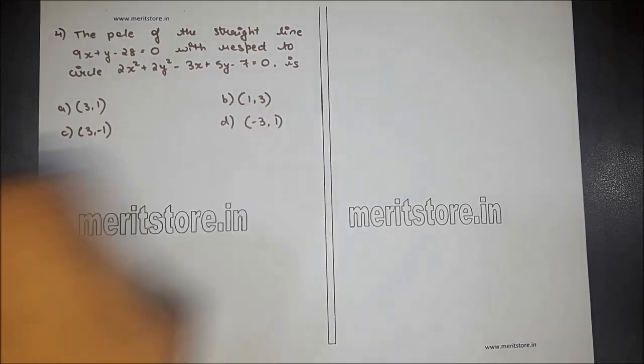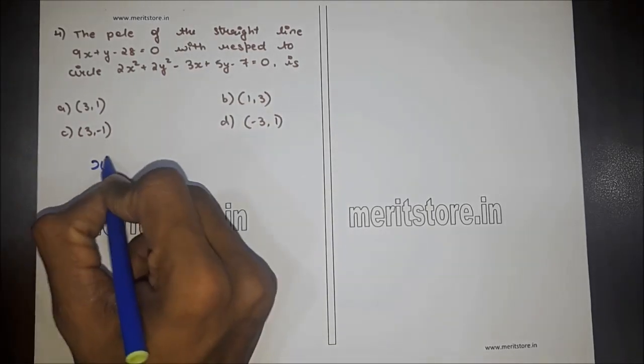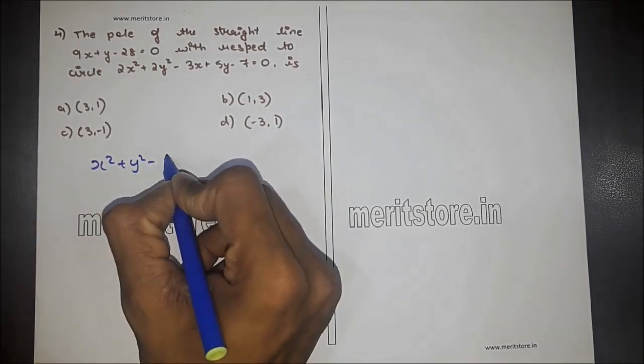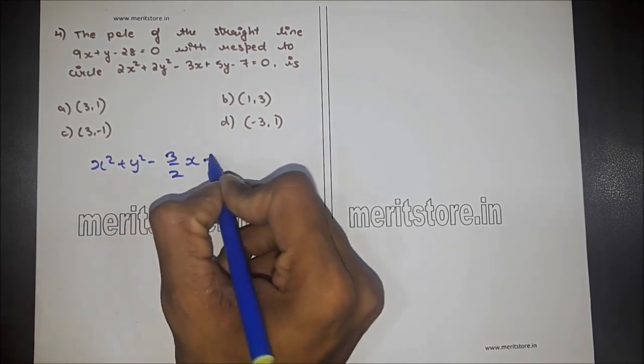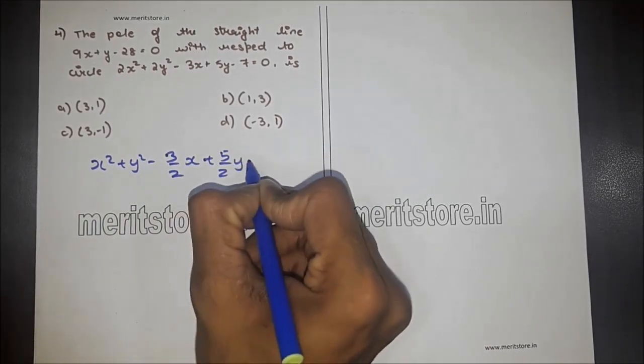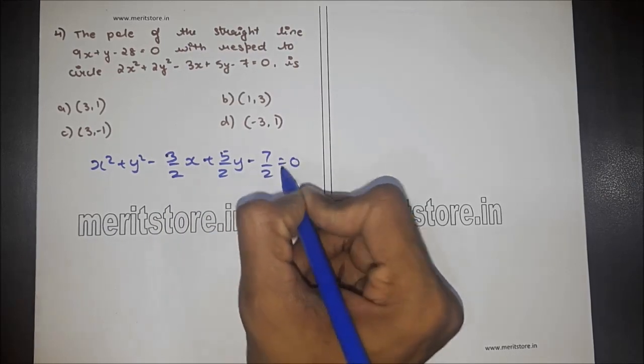We can write the equation of the circle as x² plus y² minus (3/2)x plus (5/2)y minus 7/2 equal to 0.